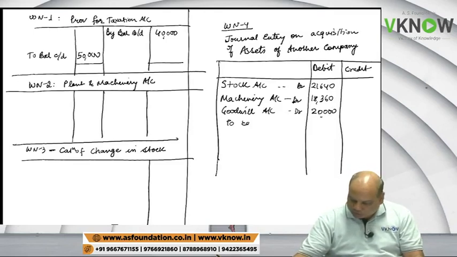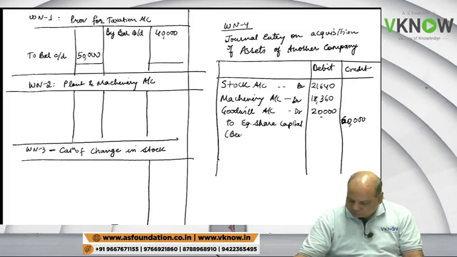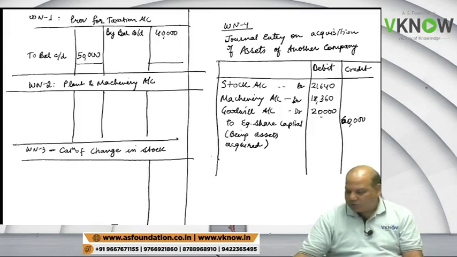To equity share capital 60,000. Being assets acquired.